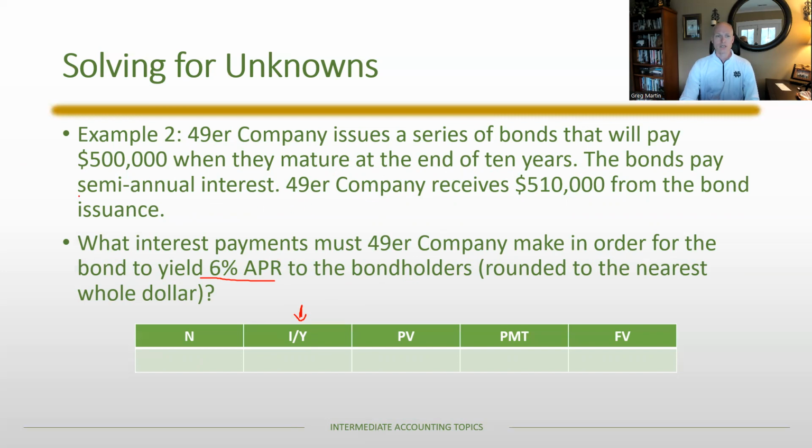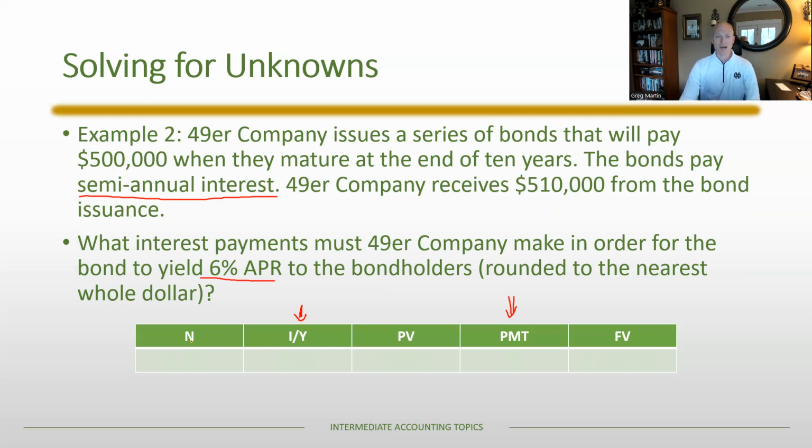And so when we go to solve for one of these, a couple of things get a little bit challenging. One is that it is semi-annual interest payments. So whatever we're going to solve for, when we solve for the payment, which is what we are trying to solve for, that's going to be a semi-annual payment. So if I want semi-annual payments, I've got to get everything else into semi-annual terms in order for this to solve correctly.